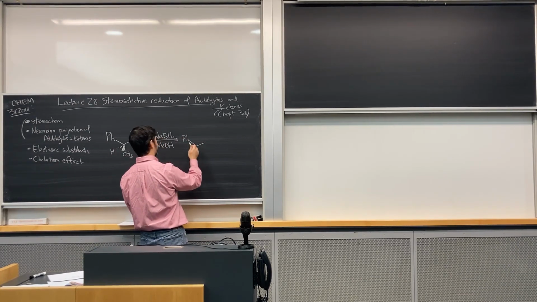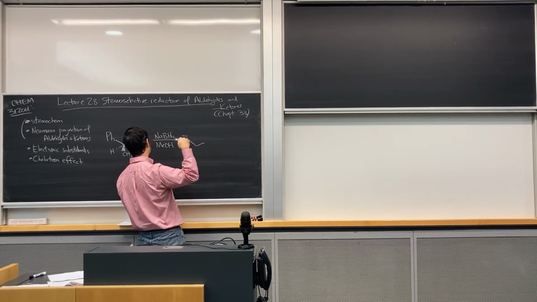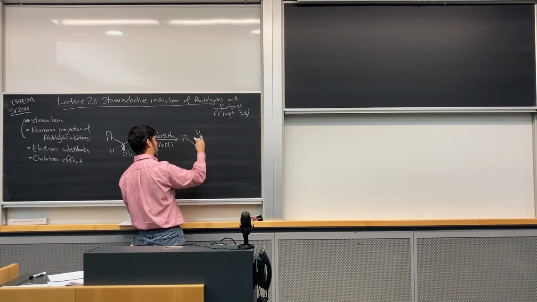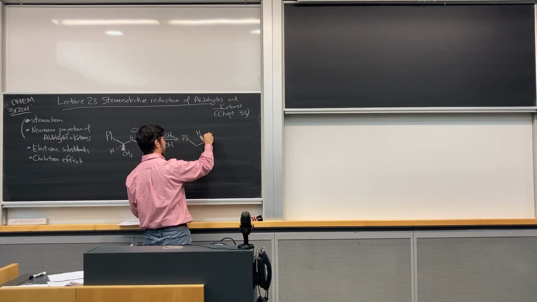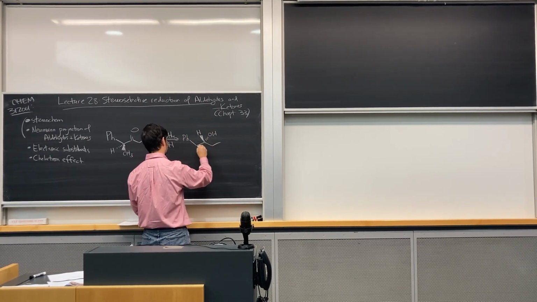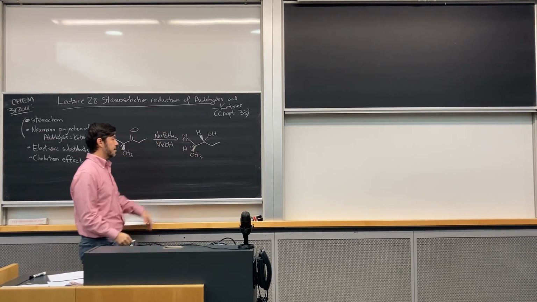So you can have a situation where your hydride could attack from the top, or going this way, thus forcing the alcohol to go into the board. And you'll generate this product.